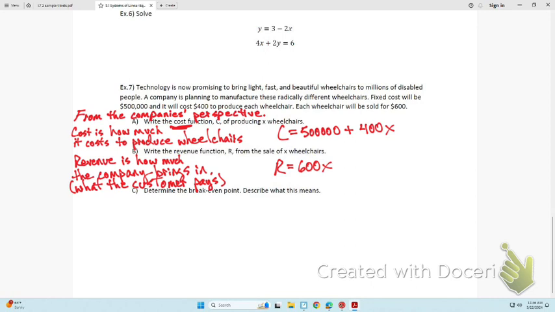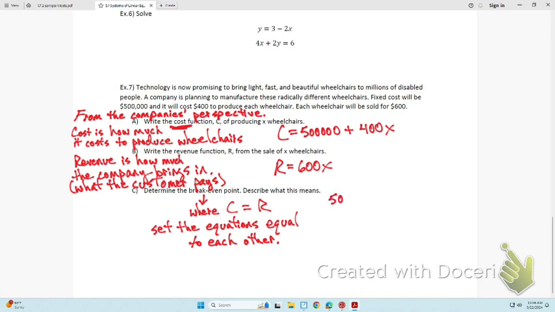So the break-even point is where cost equals revenue. All you have to do, it's very easy, is set the equations equal to each other. So all you do is you say 500,000 plus 400x equals 600x, and you solve for x.